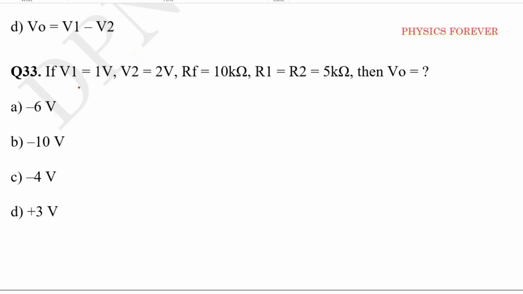So if V1 is given, V2 is given, and the feedback resistance is given, next R1 is equal to R2, then V0.